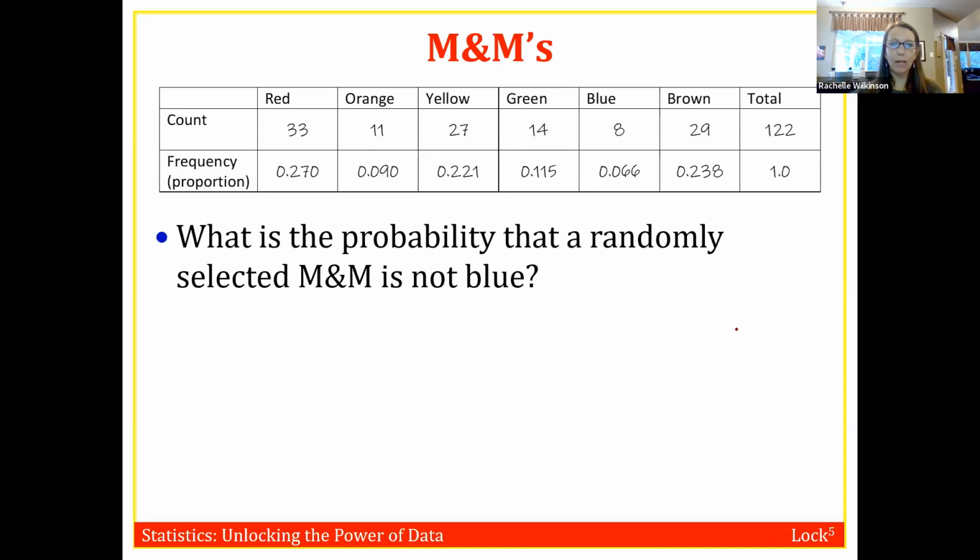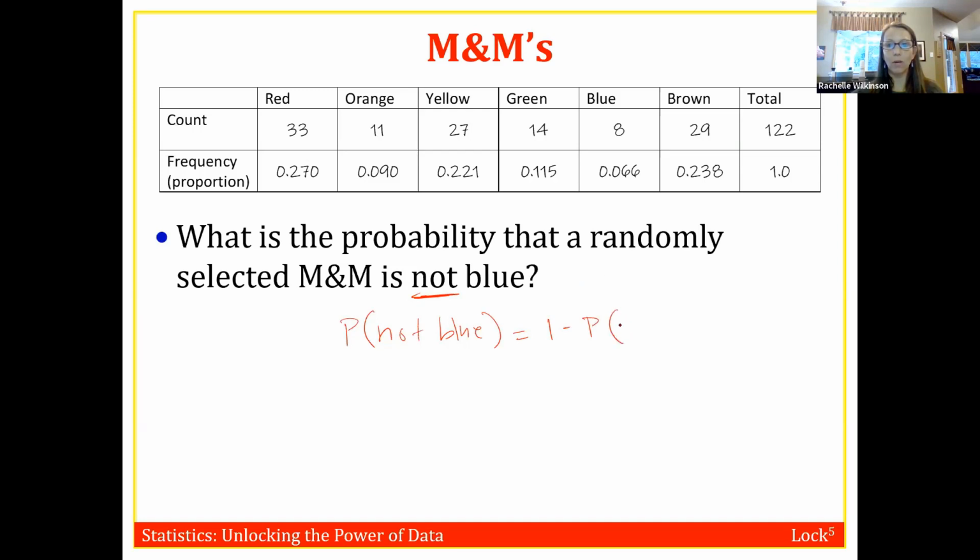Now we're drawing one M&M out at random again. What's the probability that the randomly selected M&M is not blue? Okay, so what's the key word in this one? It's going to help us figure out which rule we're going to use. Not, exactly. So we're going to use the complement rule. So the complement rule says the probability that something does not occur. So in this case, the probability of not blue is 1 minus the probability that it does occur.